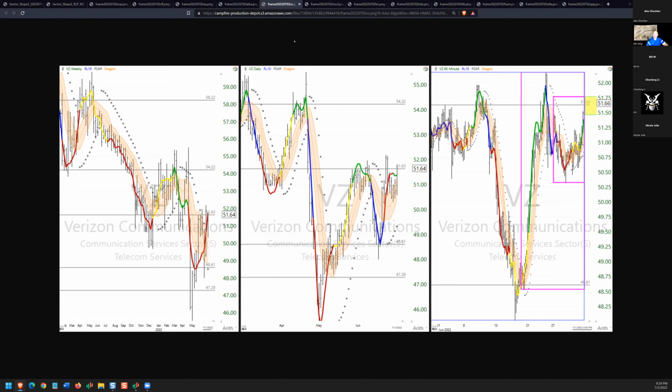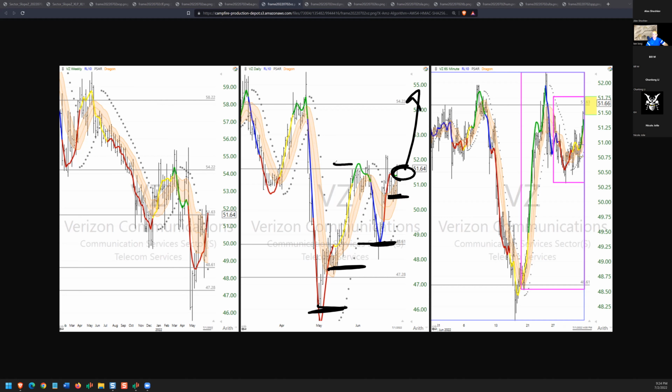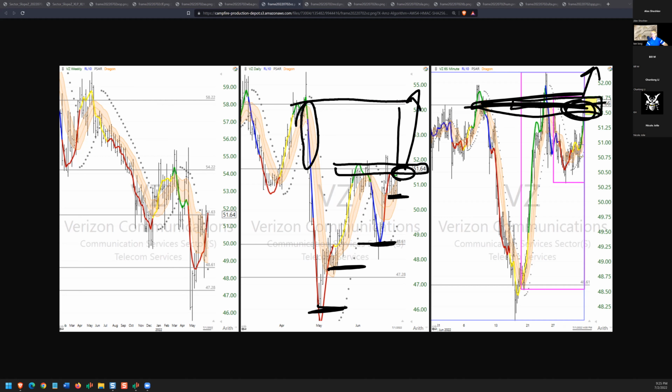Verizon, setting up for a kata 2. If it can just get through 51.46, once it gets above that, off it goes. That was all one day. So there's no resistance at all until it gets up to 54.